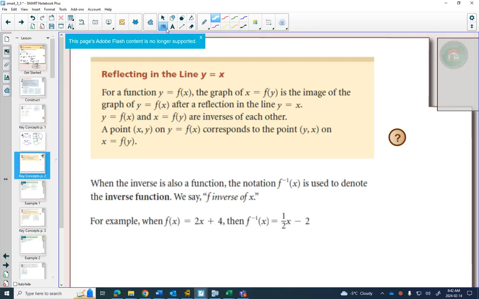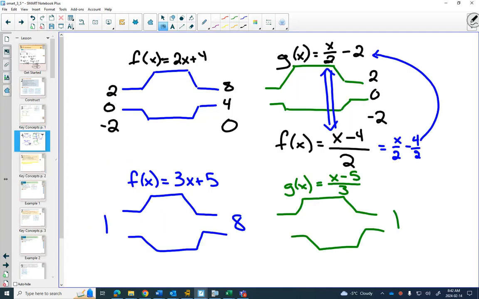So if we take out our highlighter, the idea of an inverse is undoing the function, just like we saw here. g of x undoes f of x.